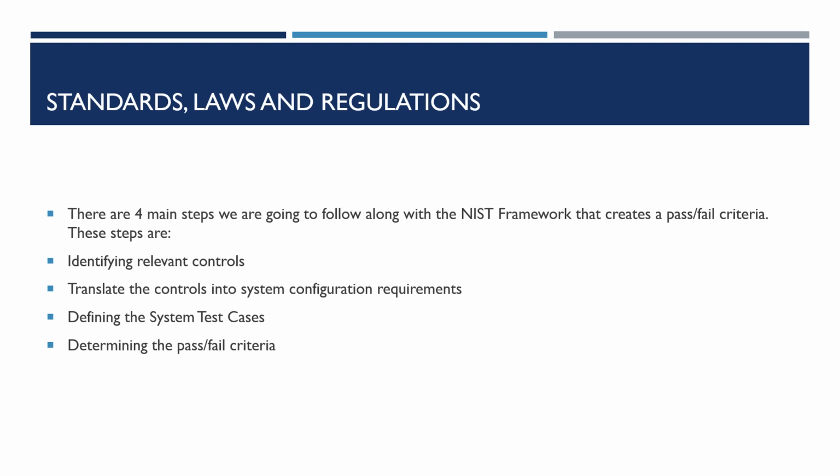The 4 main steps that we are going to follow to fall within these standards and regulations are what the NIST framework has considered like a pass-fail criteria. These 4 categories are identifying relevant controls, translating the controls into system configuration requirements, defining the system test cases, and then determining the pass-fail criteria.